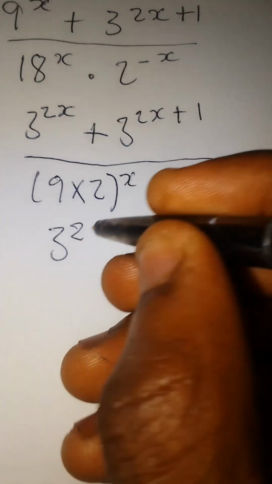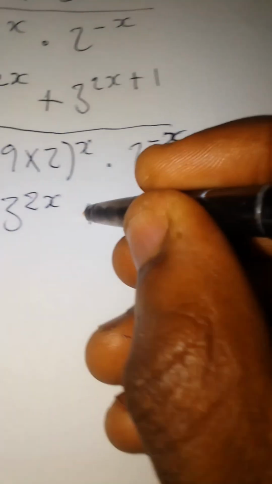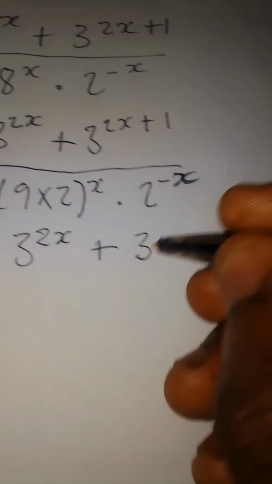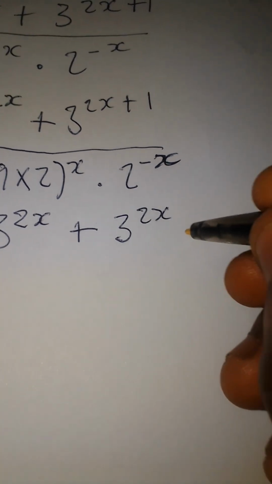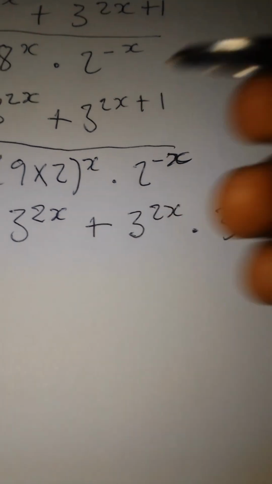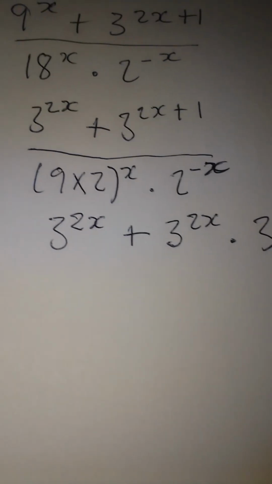I'm still going to leave 3 to the power of 2x plus 3 to the power of 2x. This is the same as times 3, because I split this.